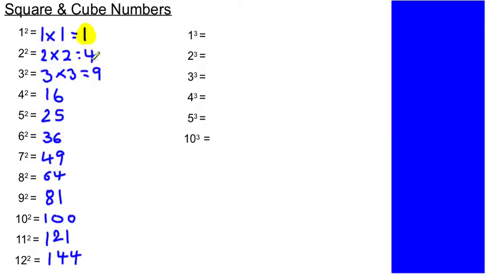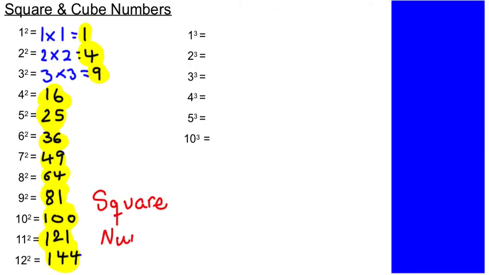So 1 is a square number, 4 is a square number, 9 is a square number, 16, 25, 36, 49, 64, 81, 100, 121, and 144. They're all called square numbers.